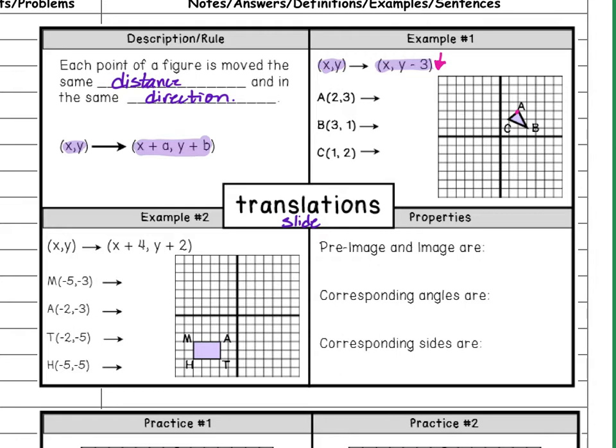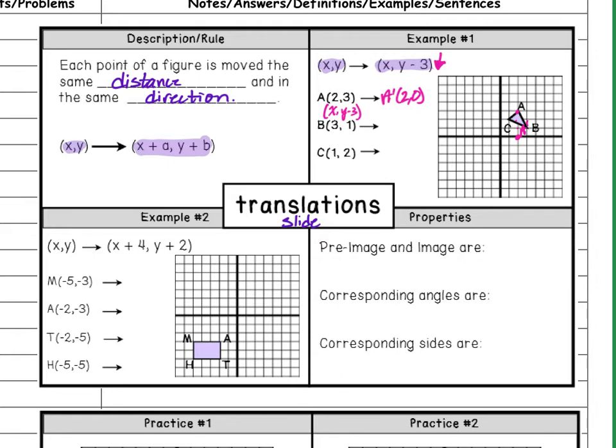So x stays the same, so it'd be 2, and then I'm going to subtract 3 from y, so that would be 0. Let's see if I move it down over here: 1, 2, 3, and there's my new A prime in the same place that I figured out algebraically, (2, 0). So I can either figure it out algebraically or I can do it on the graph. Does not matter which one.